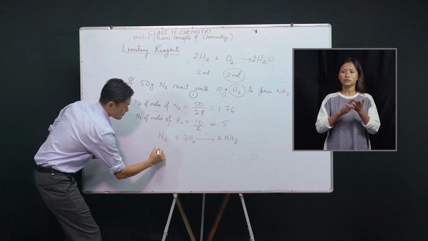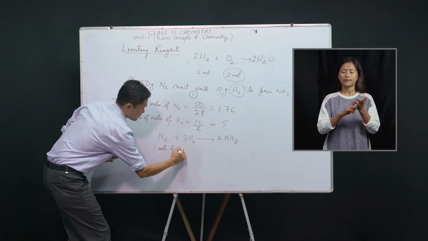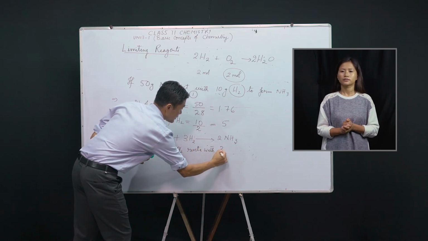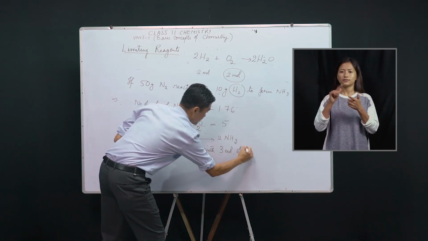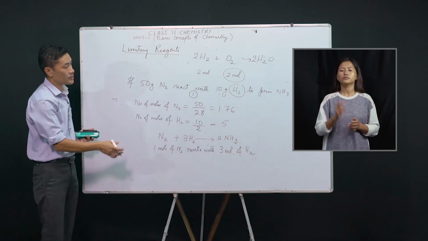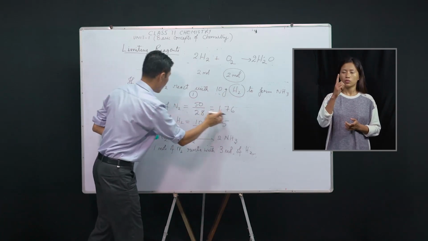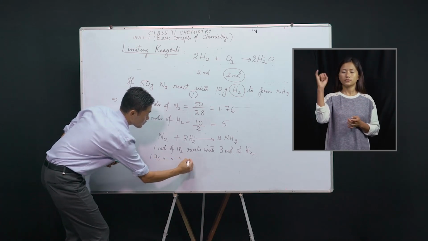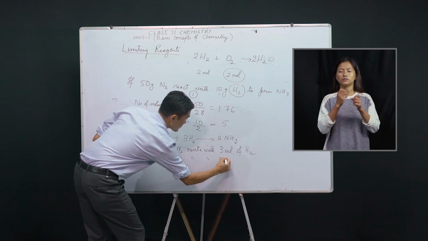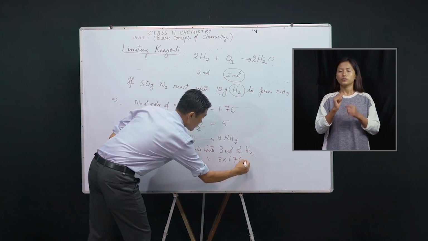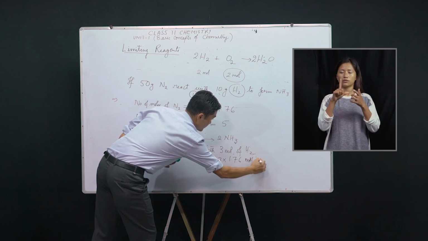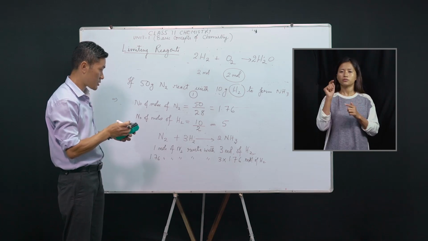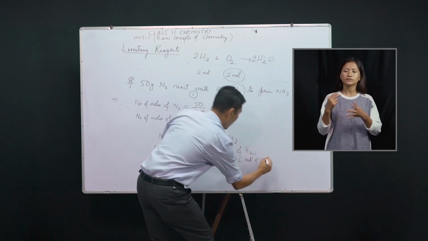Therefore, since we have 1.76 moles of nitrogen in our given reaction, 1.76 moles of nitrogen will react with 3 into 1.76 moles of hydrogen. So 3 into 1.76 should give us 5.28.